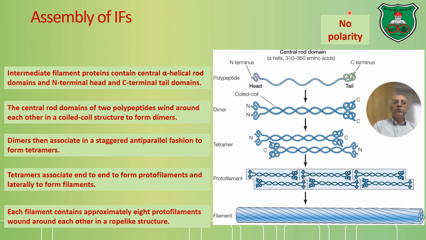Notice that there is no polarity like the actin cytoskeleton and the microtubules. Both of these other structures have a plus end and a minus end, an end that keeps on shrinking or depolymerizing or dissociating, getting shorter and shorter, and another end, a plus end, that keeps growing longer and longer, and they are regulated.